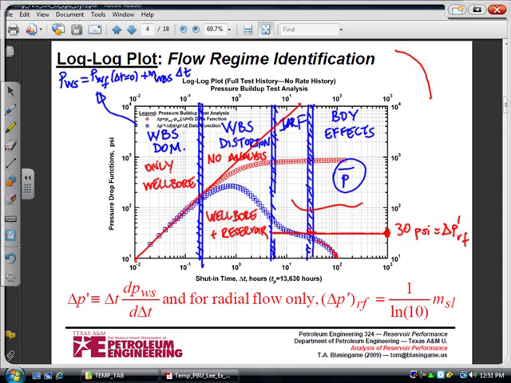Okay, and what was the equation for the radial flow regime? Okay, so it's the constant plus the m_SL times log delta t, right? This was our equation for the radial flow.